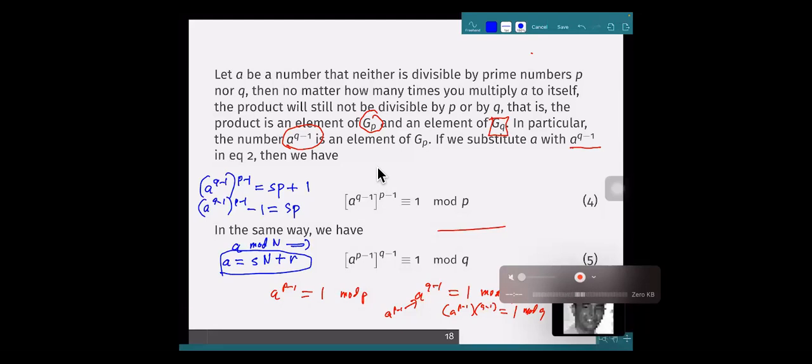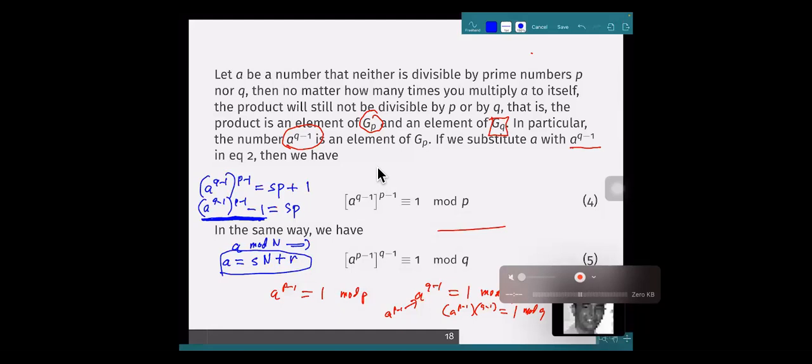So what does this mean, guys? This means that the left-hand side, this thing here, is divisible by p.